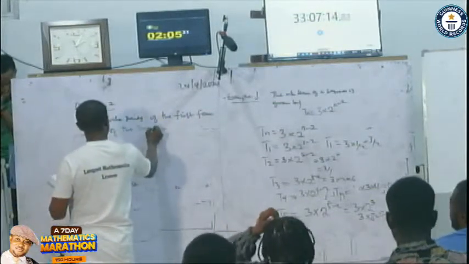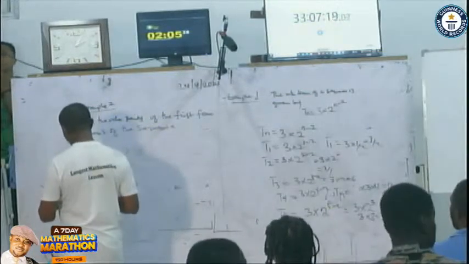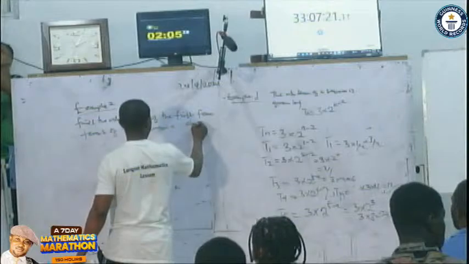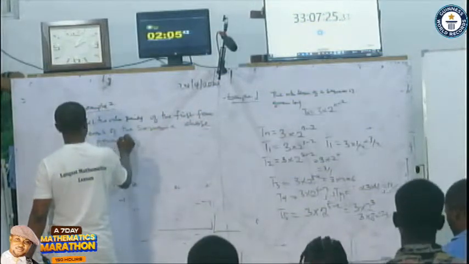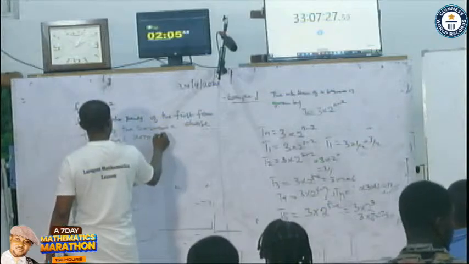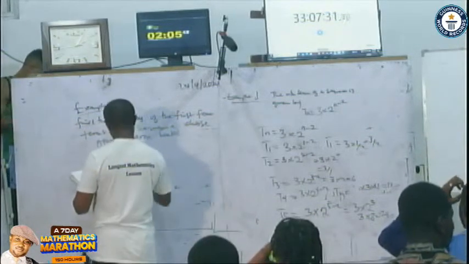Now, you find the first 4 terms of the sequence whose general term is Tn.